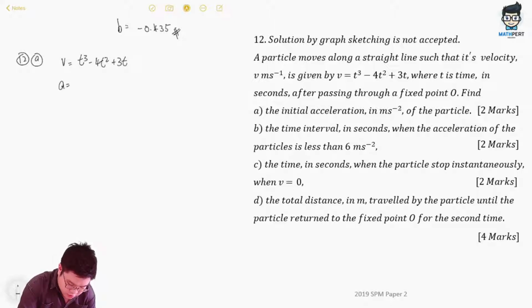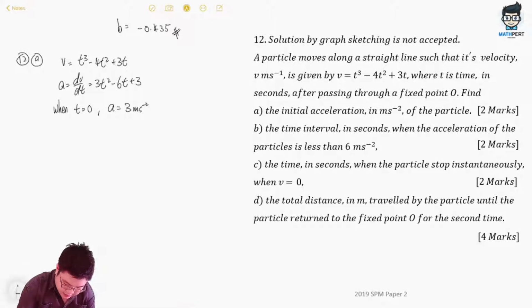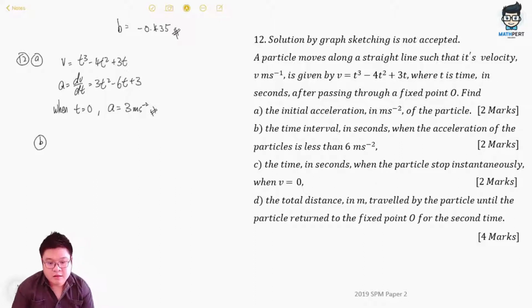So a will be equal to dv/dt, which is 3t squared minus 6t plus 3. So initial acceleration, that means when t equals 0, a will be equal to 3 meter per second square.